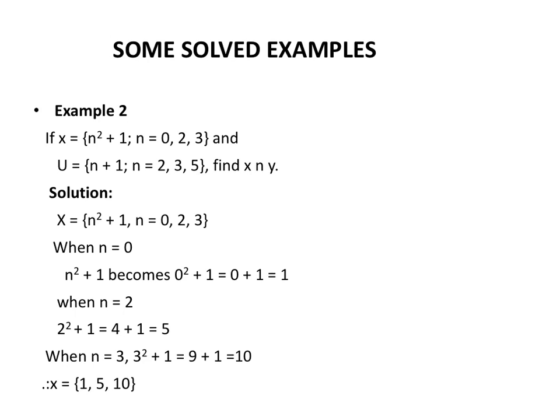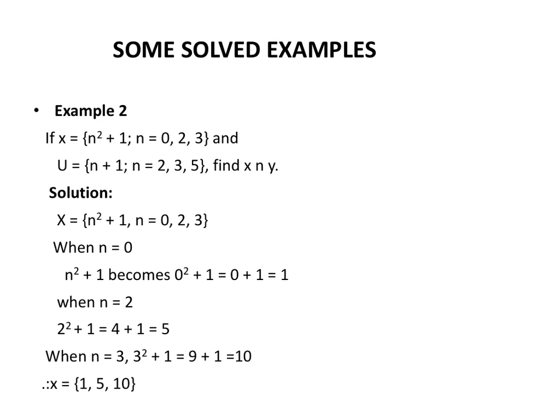Another example: if X is equal to n squared plus 1, and we have that n is equal to 0, 2, 3, that is, you have to find X when n is 0, 2, and 3. And set Y is equal to n plus 1.